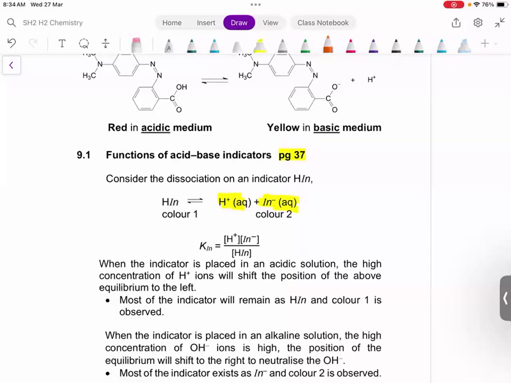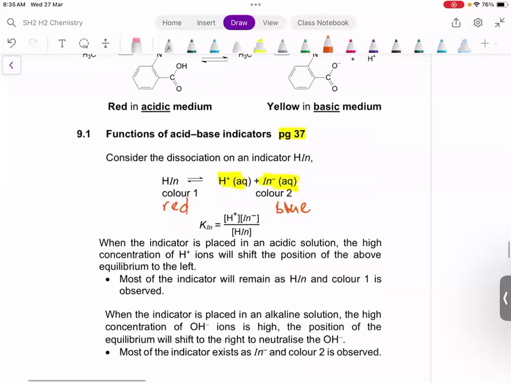For example, if the molecular form is red, then the anion form can be blue, for example only. In a highly acidified medium, where the H plus concentration is high, the position of equilibrium will lie on the left.